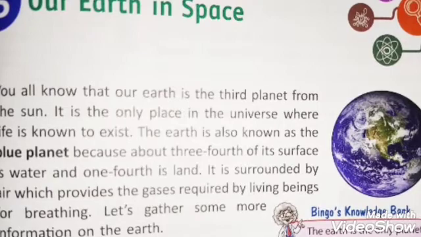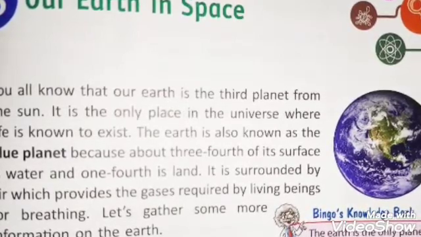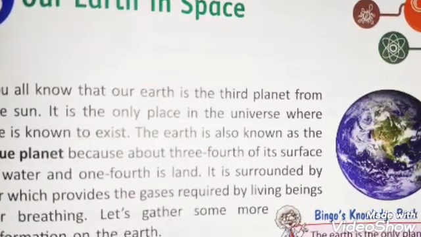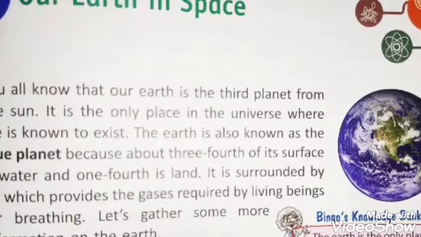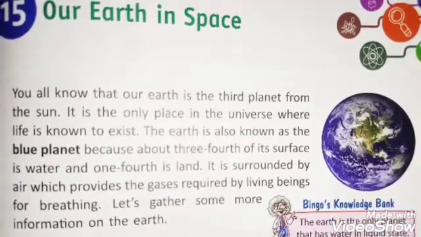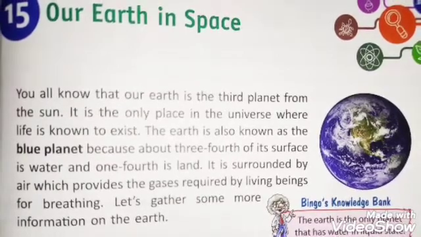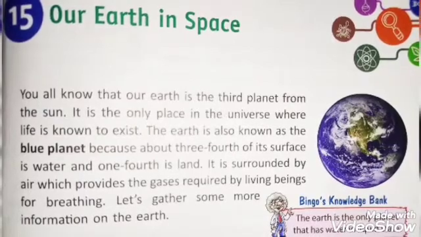So, solid is ice, liquid is water, and gas is water vapor or steam. So, children, Earth is the only planet where water is found in liquid form, and no other planet is known to have water in liquid state.